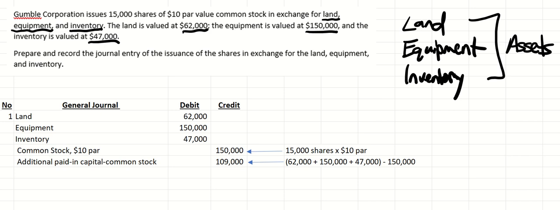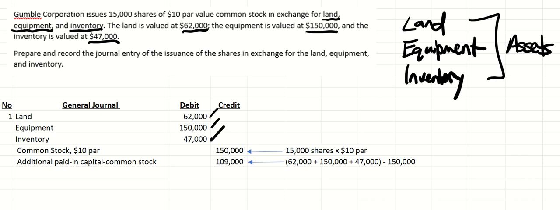So we're going to debit land for 62,000, debit equipment for 150,000, and then debit inventory for 47,000. So that gives us a total of $259,000 in the debit column.